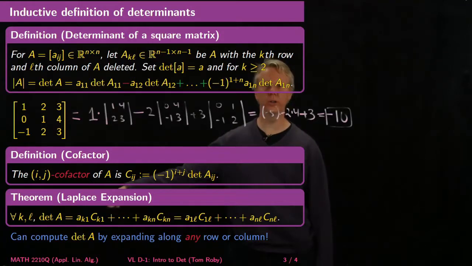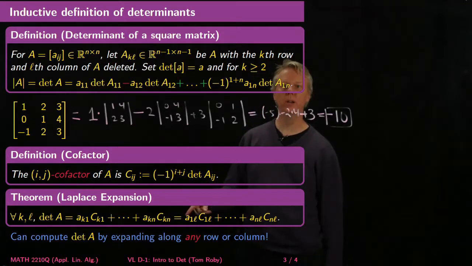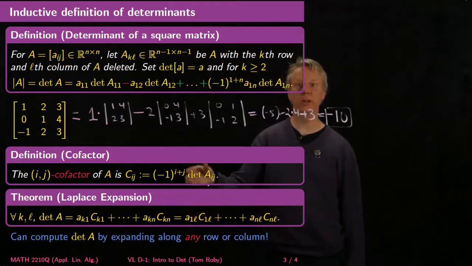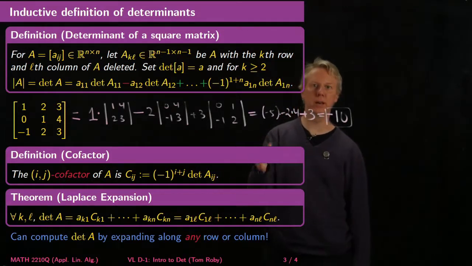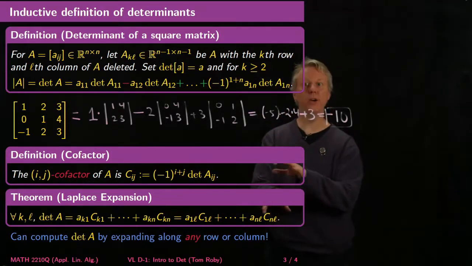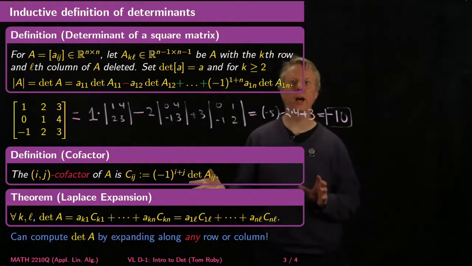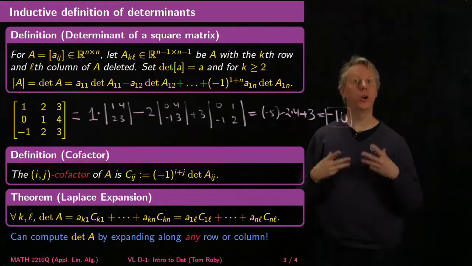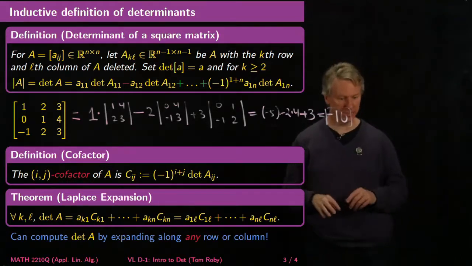Right, so this is all going across a row. Or I can go by a column. Right, when I fix this A1l, A2l, and so on, I fix l, that's fixing a column of the matrix. And I can say, well, it's A1l times that cofactor plus dot, dot, dot, plus Anl times that cofactor. So the upshot is that we can compute the determinant of A by expanding along any row or any column, whichever one we feel is most convenient.